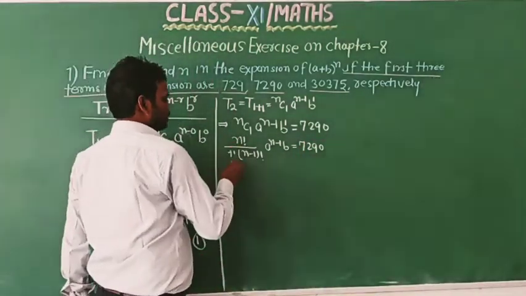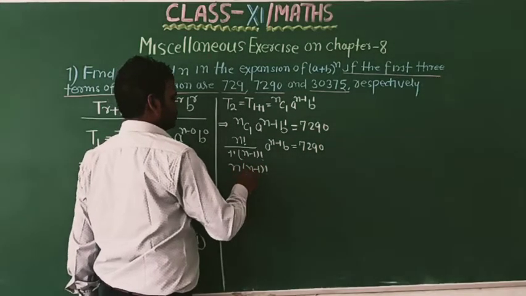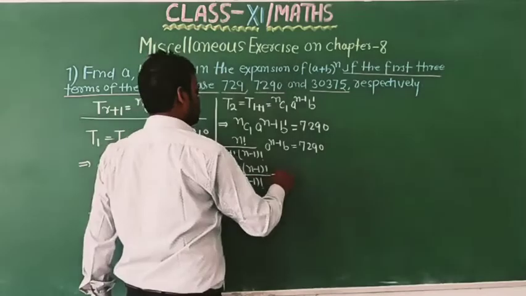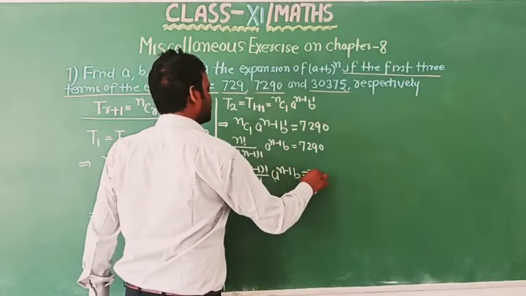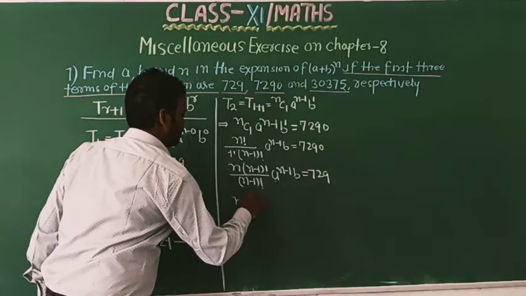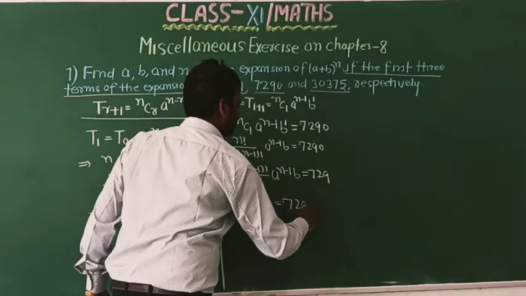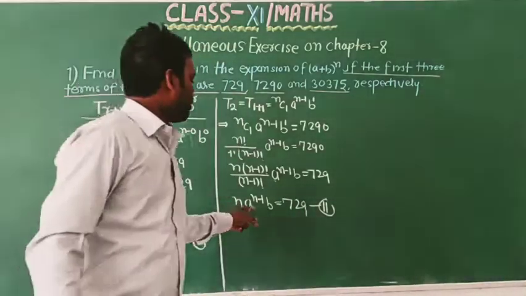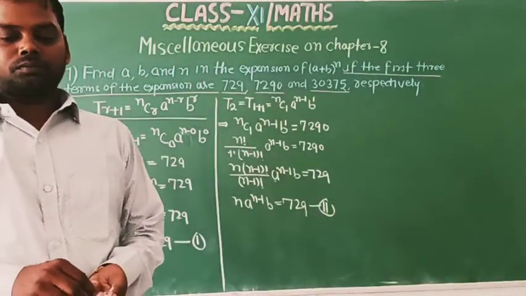So this is n times (n minus 1) factorial upon (n minus 1) factorial into a to the power n minus 1, b equal to 7290, and n a to the power n minus 1, b equal to 7290. Say this is equation number 2.